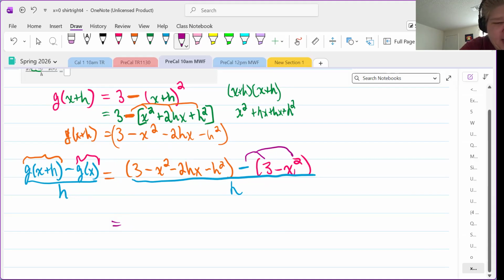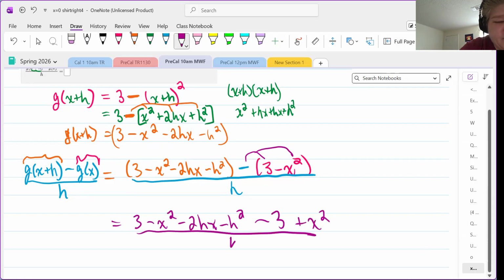So this one I can write without my parentheses now. But over here I'll have minus 3 and plus x squared. So now everything that's in g of x should cancel something from g of x plus h.